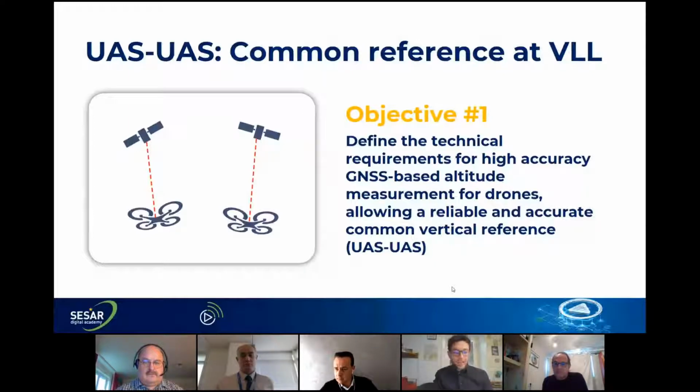So we analyzed the dual frequency multi-constellation GNSS receiver requirements for the definition of the main navigation parameters. We analyzed the GNSS signal integrity in order to identify possible strategies for the monitoring of the GNSS signal. And finally, the added value offered by the Galileo GNSS constellation.